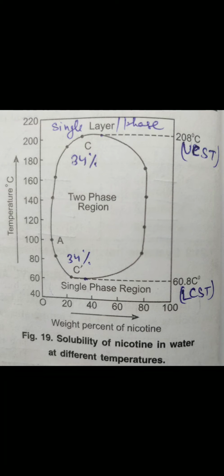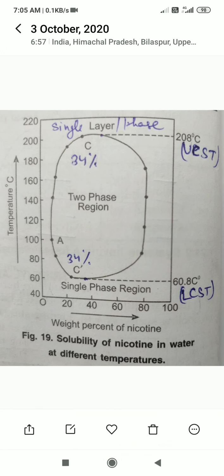So 60.8 degrees centigrade is the lower critical solution temperature of nicotine water system, and critical composition corresponding to this temperature is also 34%.